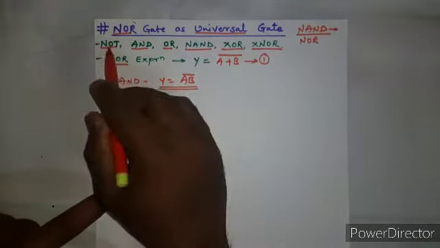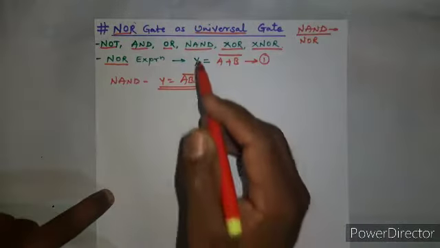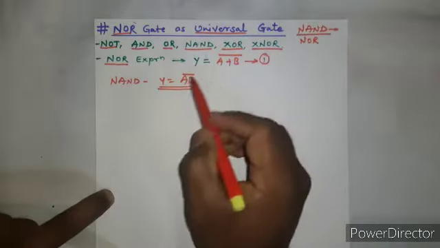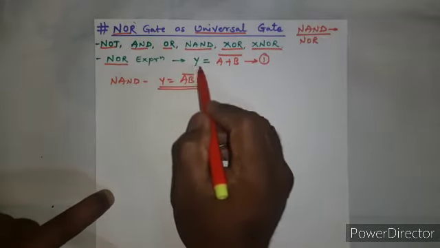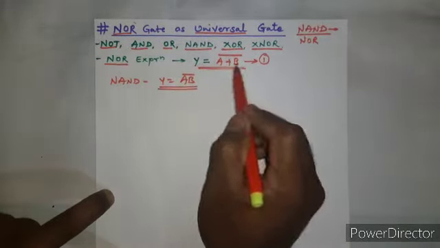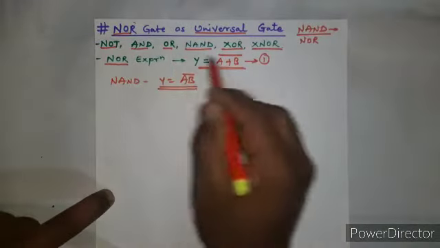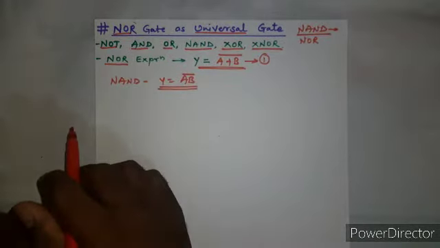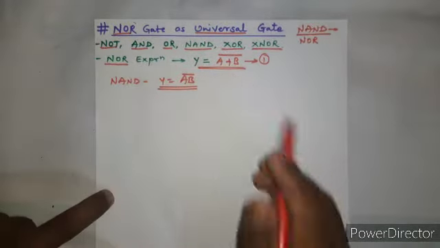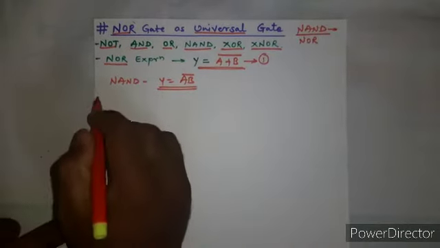May it be NOT gate, AND gate, OR gate, NOR gate, XOR, XNOR. So all their equations were converted to this form. Now we are supposed to convert all the equations in this form. Then only the said gate will work as NOR gate. Okay, so let us see these gates one by one.